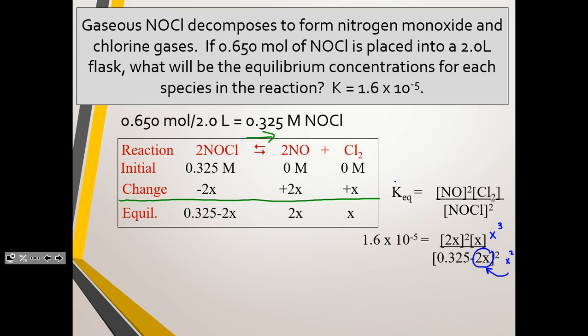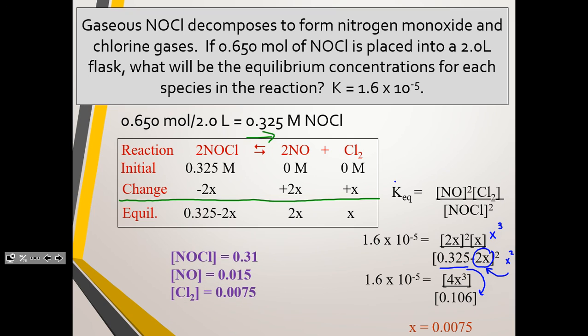It's not going to affect the value of the problem. So we will solve without using the 2x in this problem. 0.325 squared gives us 0.106. And then we solve like normal to get 0.0075. Plugging in to the equilibrium positions, I will find my equilibrium concentration for each species.